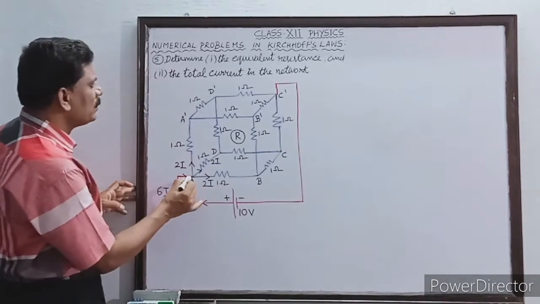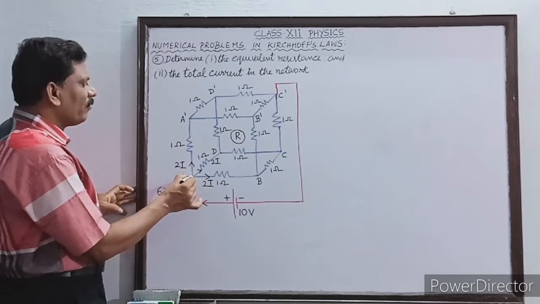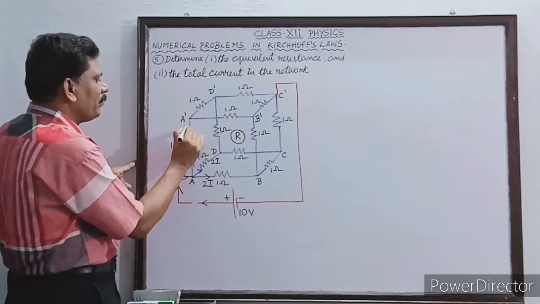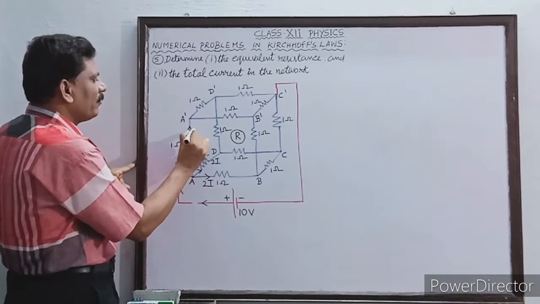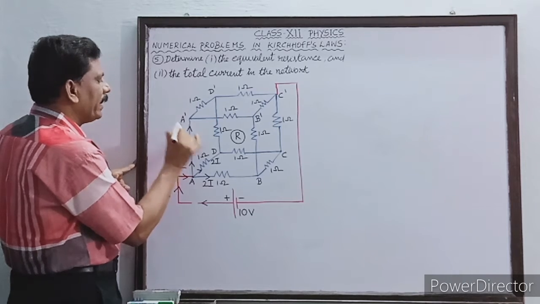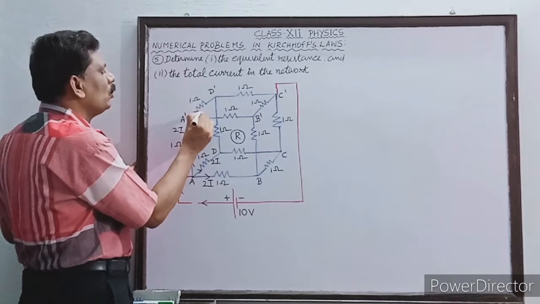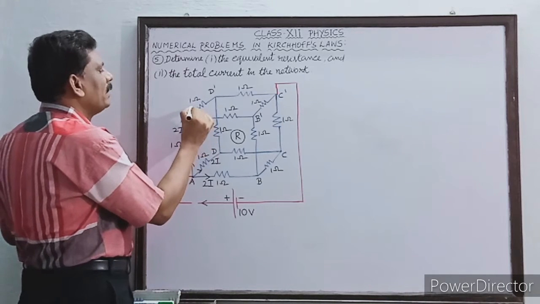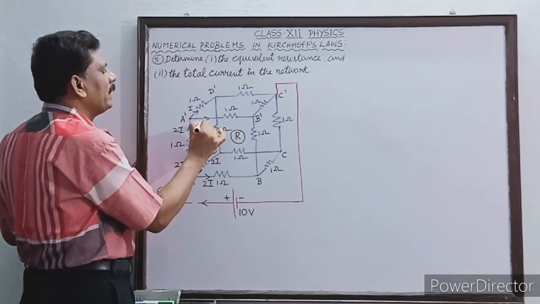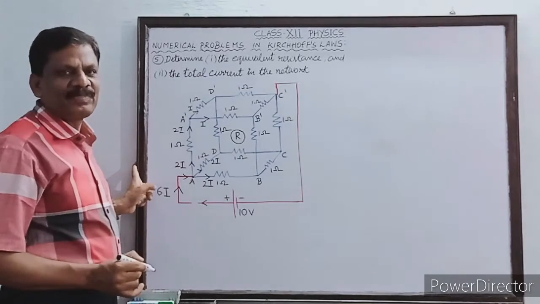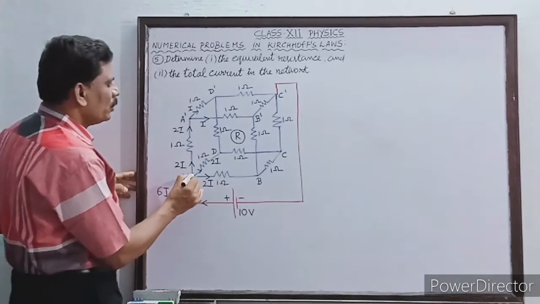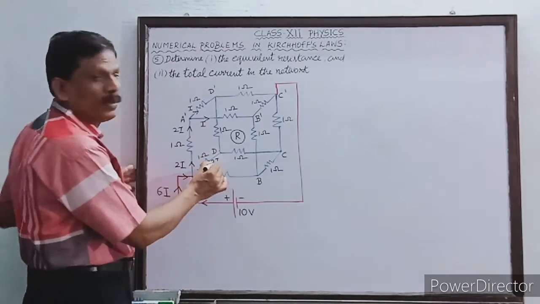Now you see that the current flowing from A to A dash is 2I ampere. At this junction A dash, there are 2 paths, so the current will divide here as I ampere and here I ampere. Like that, from A to D the current is 2I ampere.